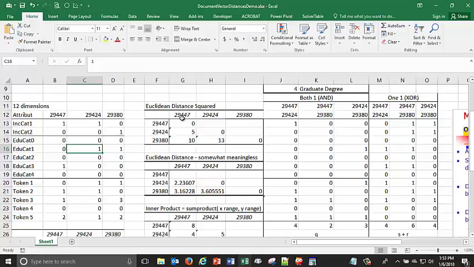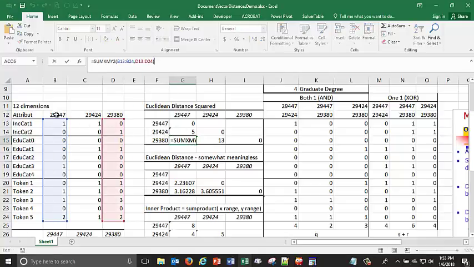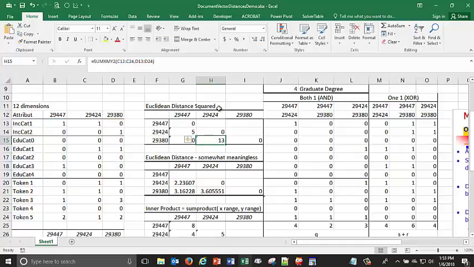And so what we discover is that this observation, 29,447, has a distance of 10 to this observation. And if we look at the first two, the second two, then 29,424 has a distance measure of 13 to 29,380.